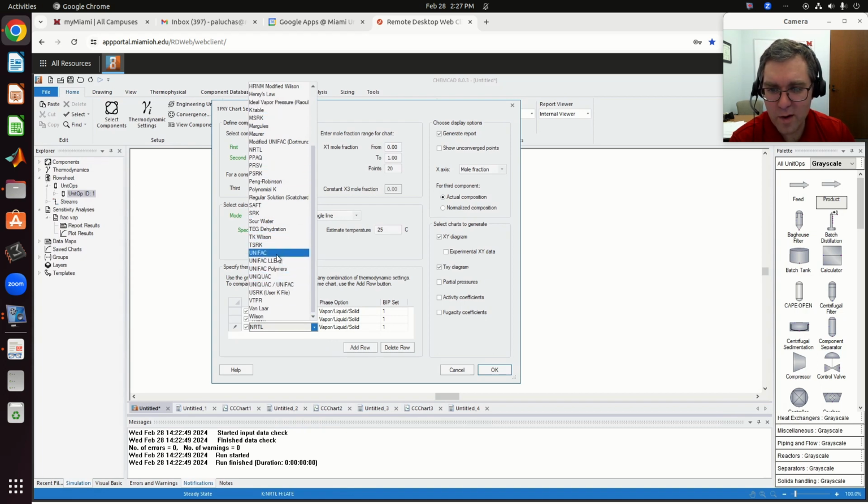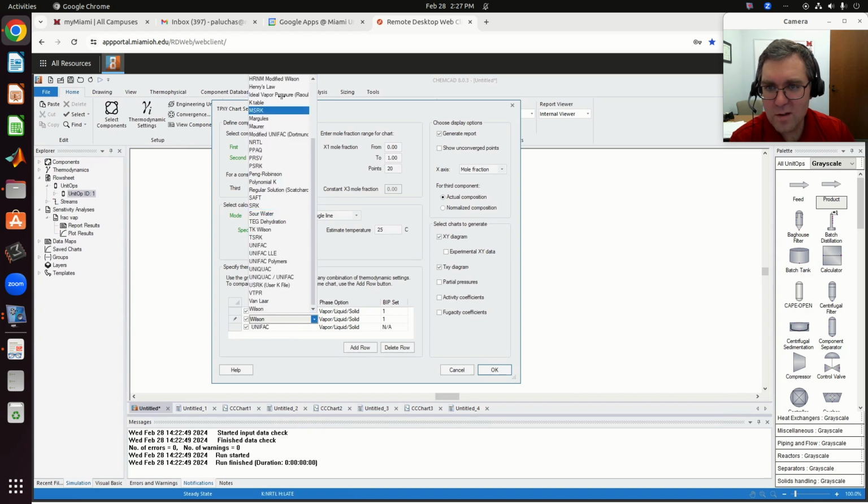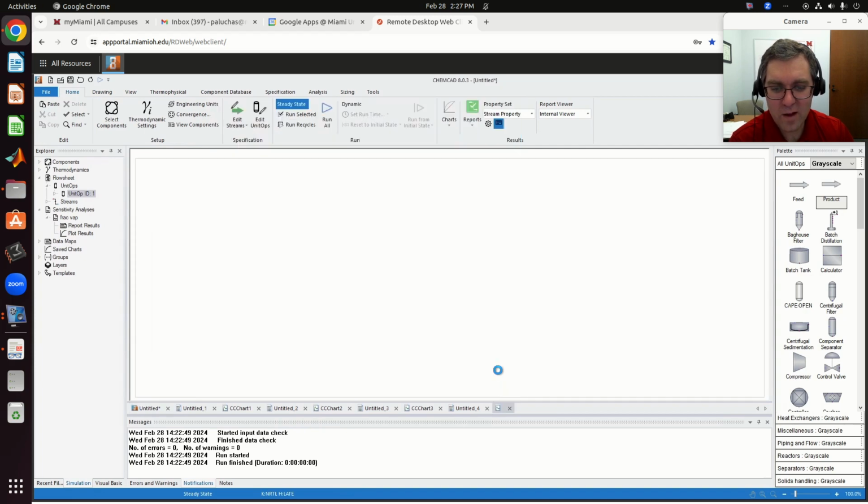I could try a predictive method like UNIFAC. Instead of Wilson, let me have more fun. We can use the SRK equation of state, that'd be a fun one. Let's try NRTL, SRK equation of state, and UNIFAC.